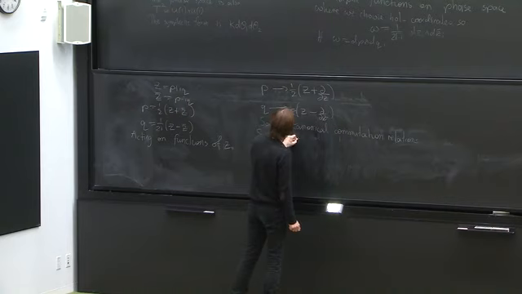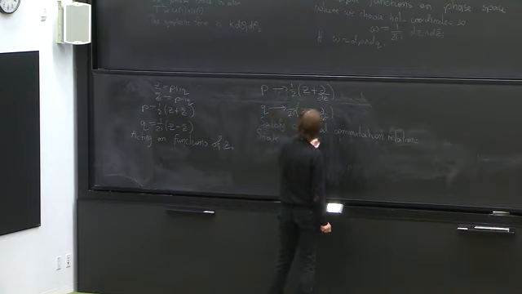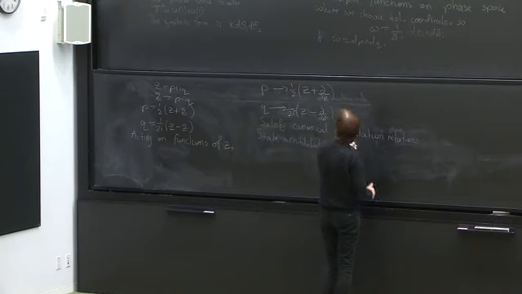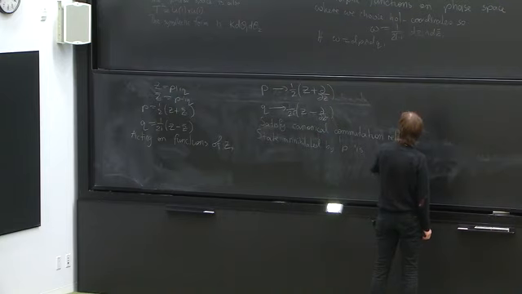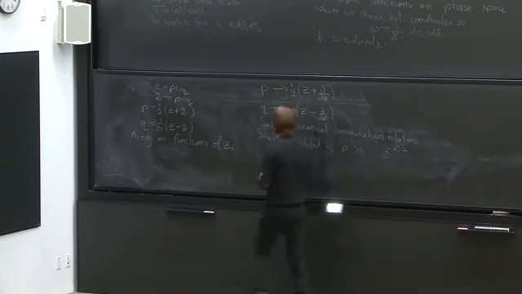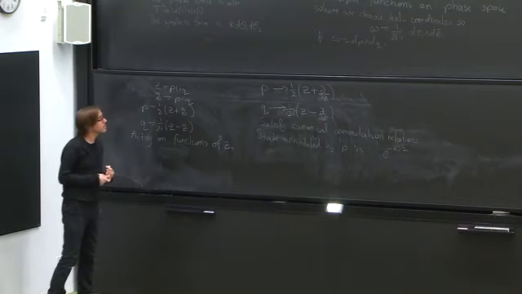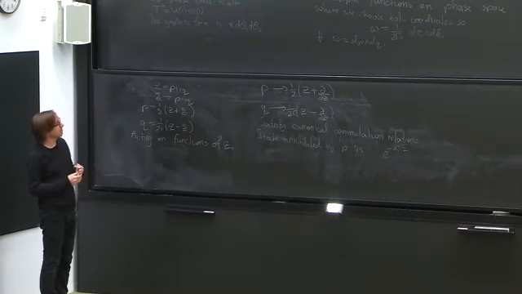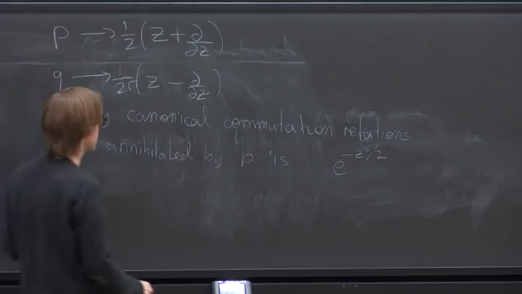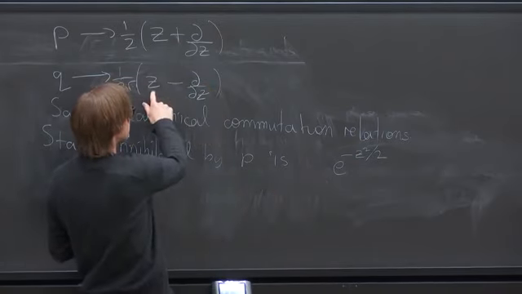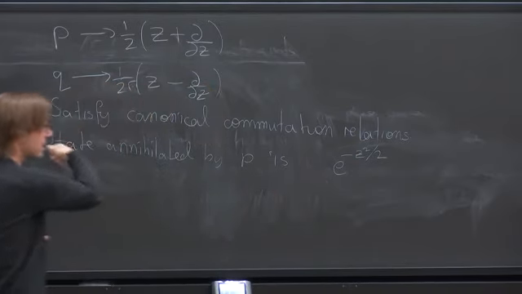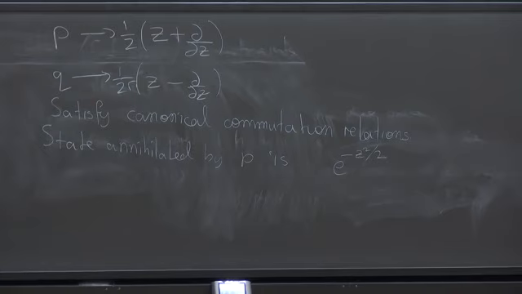So the state annihilated by p is something like e to the minus z squared over 2. So in this way, things which look like e to the minus z squared over 2 times some polynomial in z will be the usual polynomial functions of q acted on by raising and lowering operators.